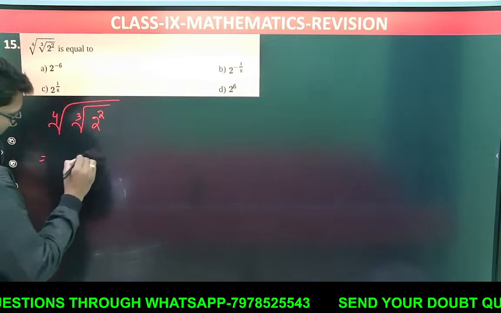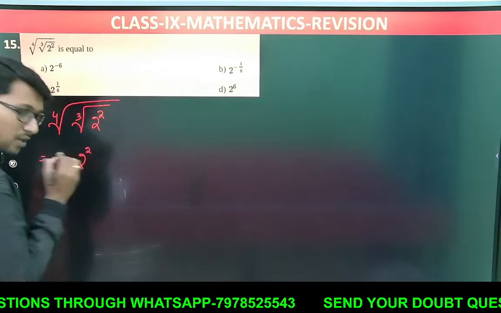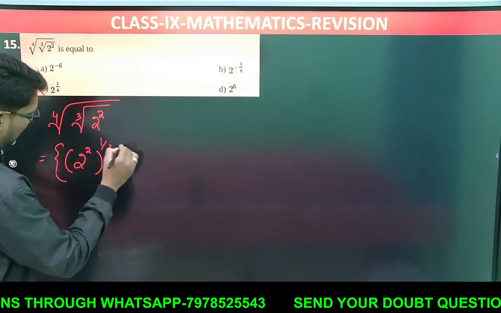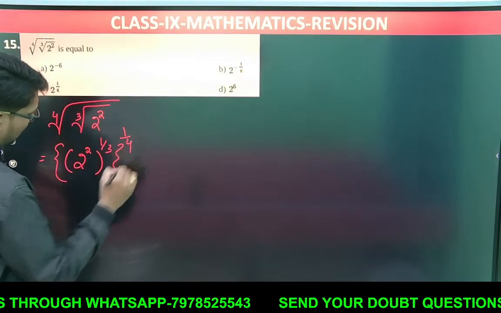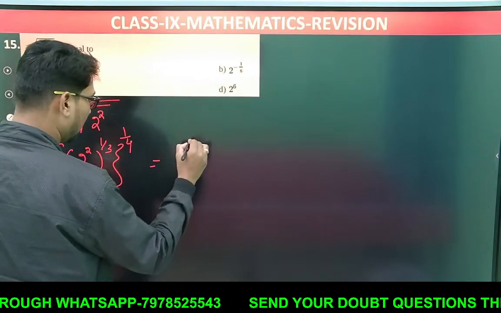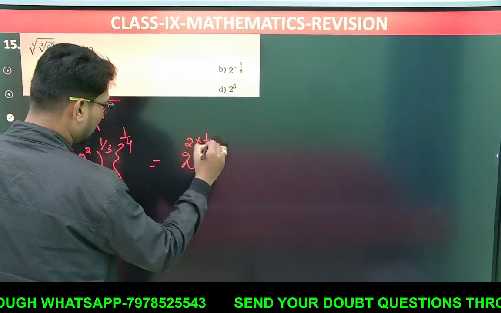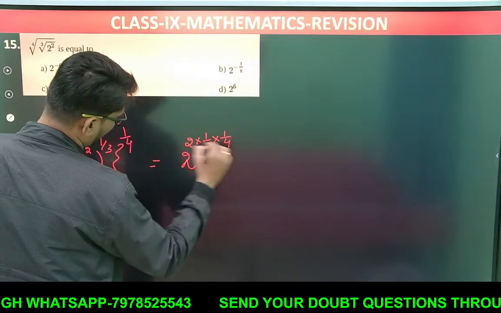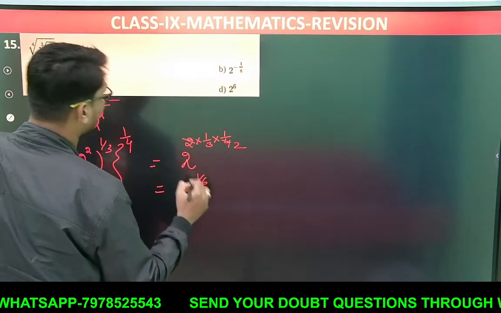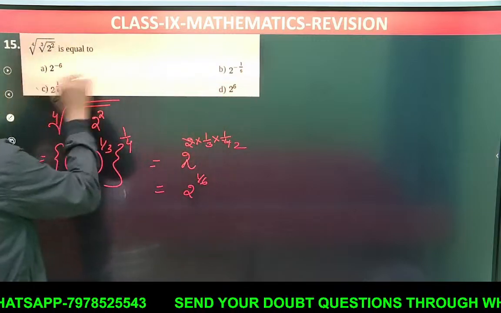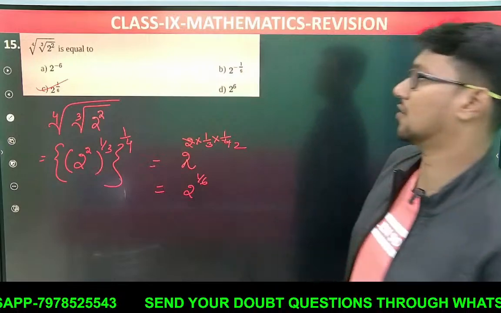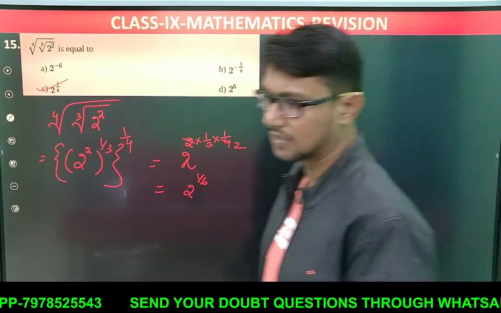So we can write this as (2 square to the power 1 by 3) whole to the power 1 by 4, which will become 2 to the power 2 into 1 by 3 into 1 by 4. So 2 to the power 1 by 6 is the final answer. I hope this is also clear. Let us move to the next question.